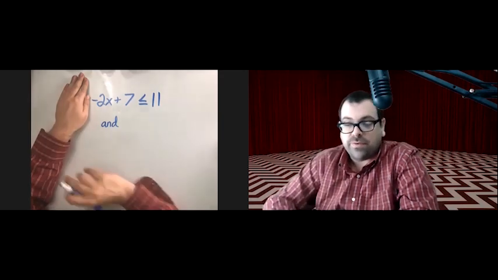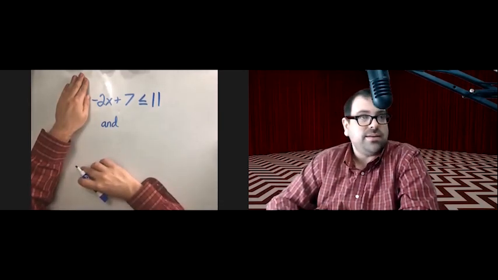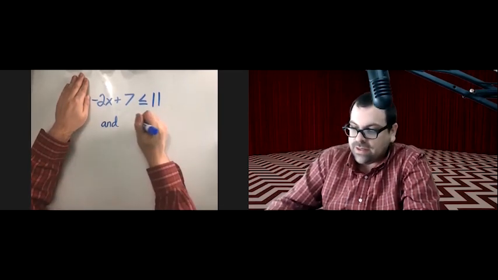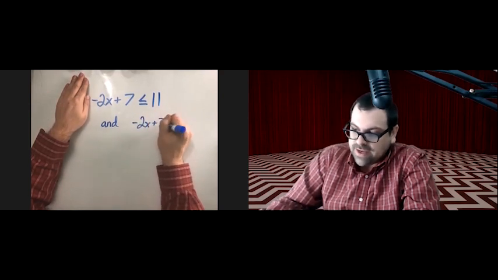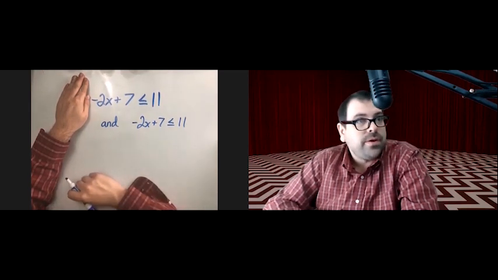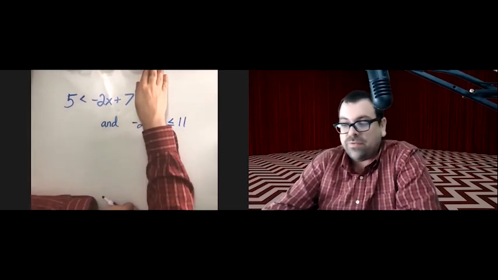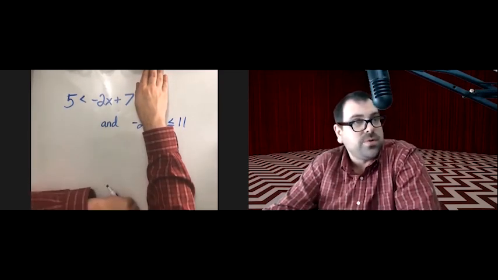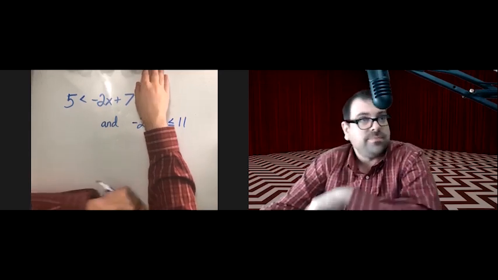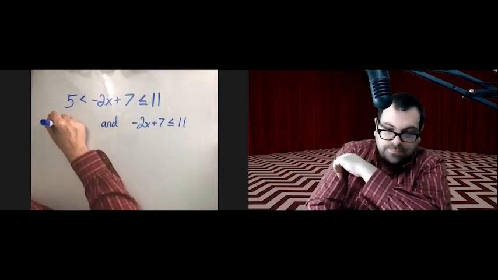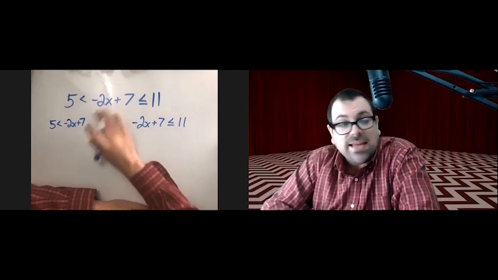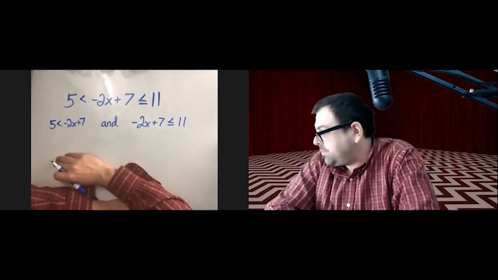If I get rid of the entire left side, then the middle becomes the new left and the right stays the right. Negative 2x plus 7 less than or equal to 11. The other one's what happens when I get rid of the right. The middle becomes the new right. 5 is less than negative 2x plus 7.